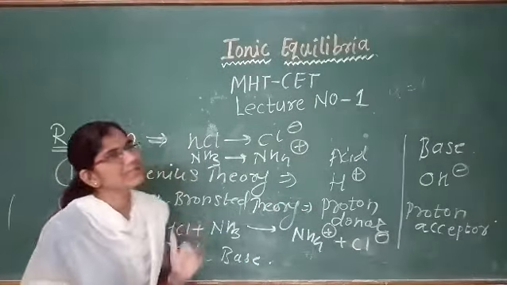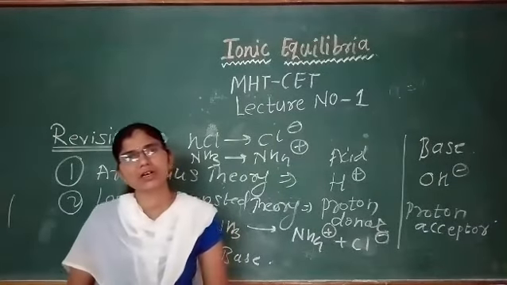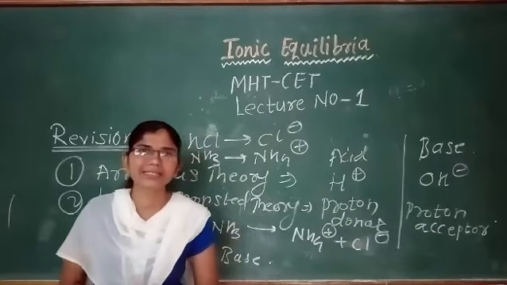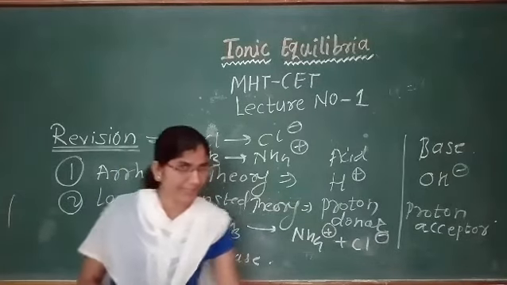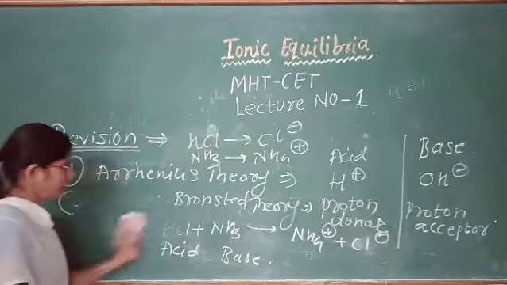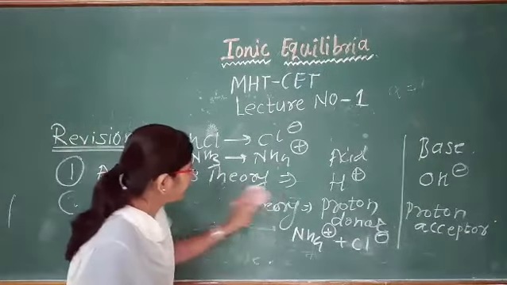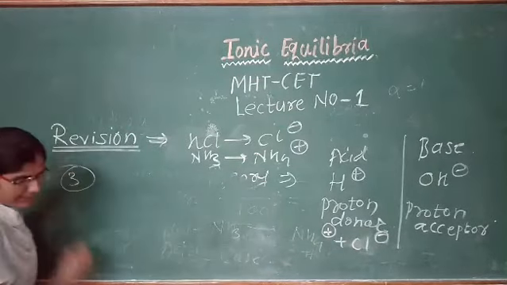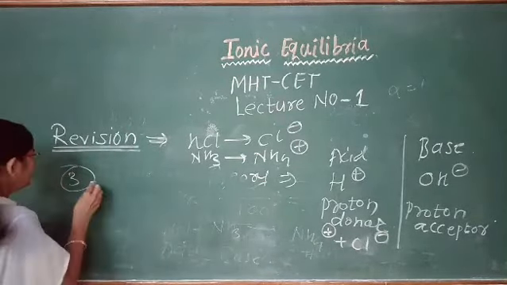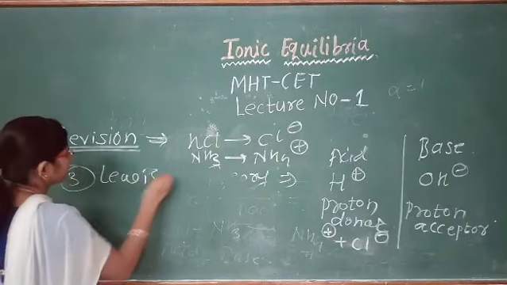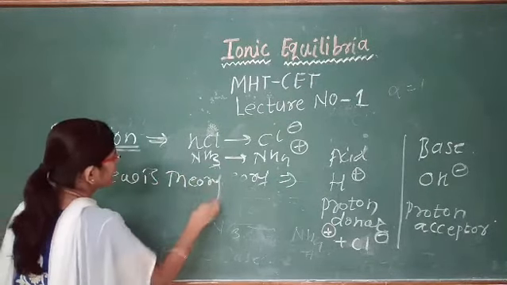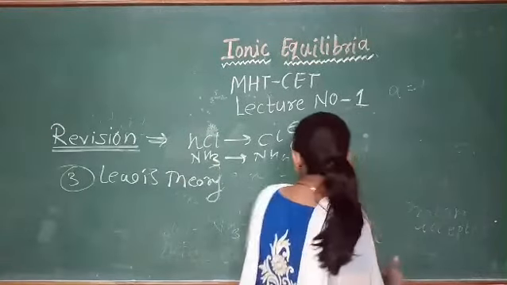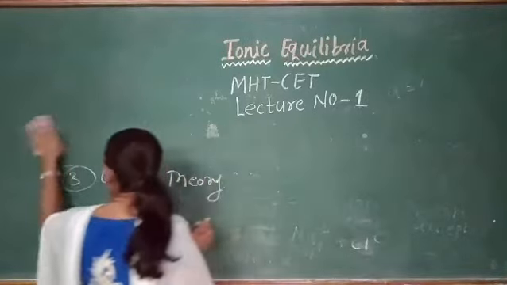Next, there are also some limitations of this theory, and therefore a third theory, the Lewis theory, was introduced. How do we define acids and bases according to the Lewis theory?